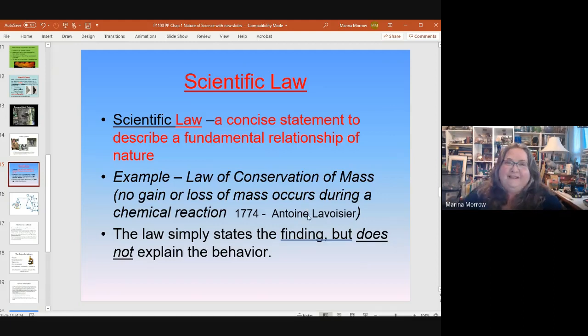Okay, for physicists, we might get a little fussy about that tiny little bit of energy. Okay, so laws just state the finding, they don't have to explain it. Laws don't have to talk about atoms. So Antoine Lavoisier was able to talk about the gain and loss of mass without saying that there were atoms because nobody knew that yet. Okay.